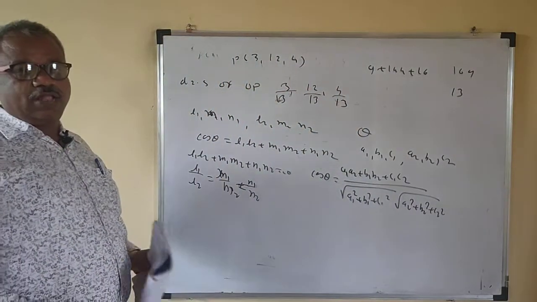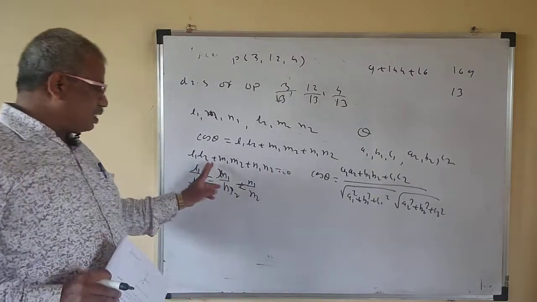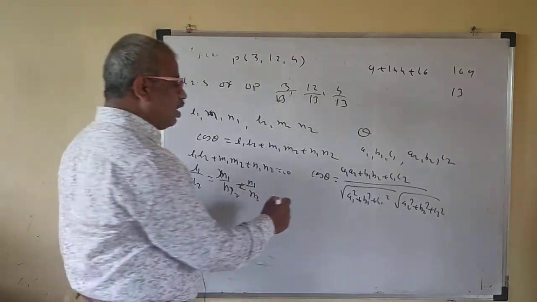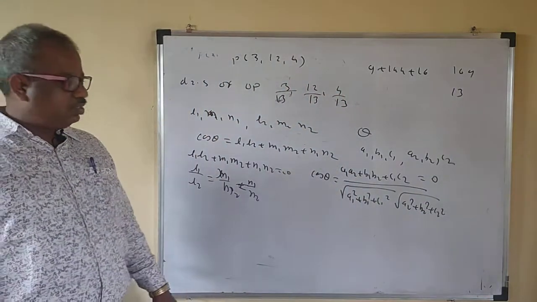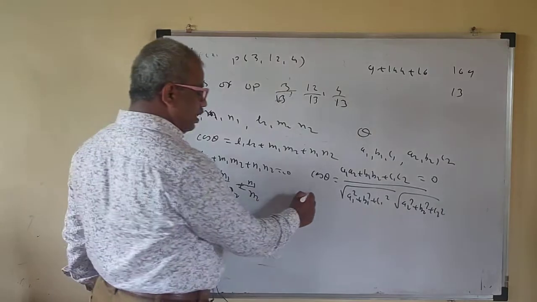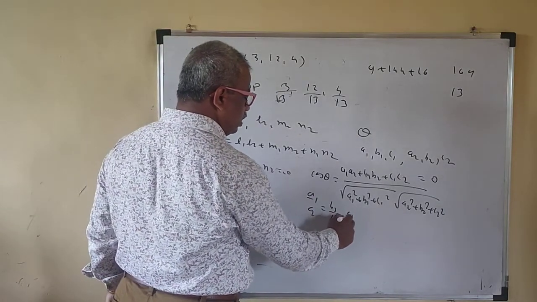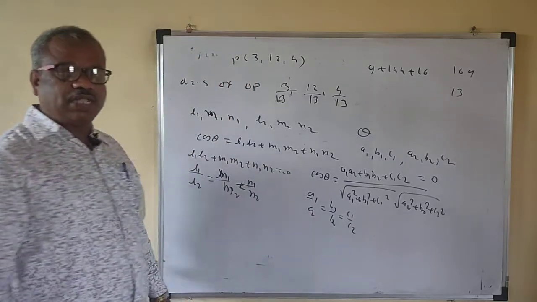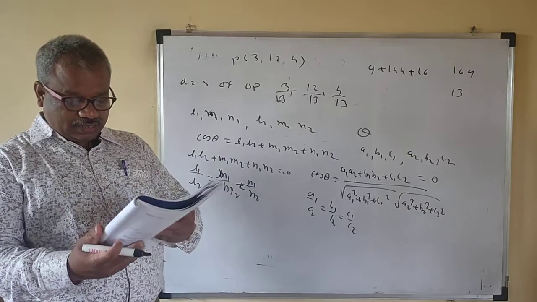This is the angle between the two lines when direction ratios are given. Again, if a1 a2 plus b1 b2 plus c1 c2 is 0, the lines are perpendicular, and the lines are parallel if a1 upon a2 equals b1 upon b2 equals c1 upon c2. Remember this.